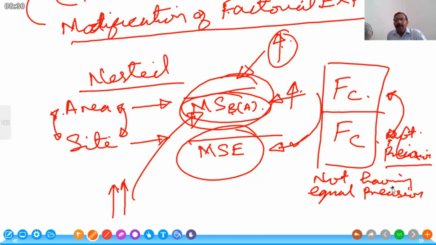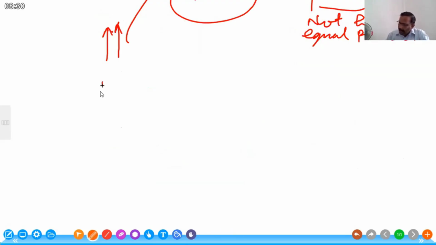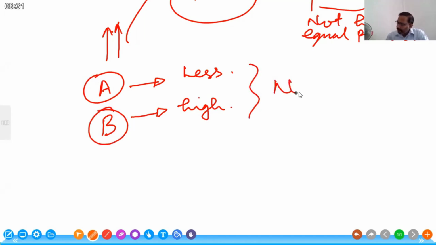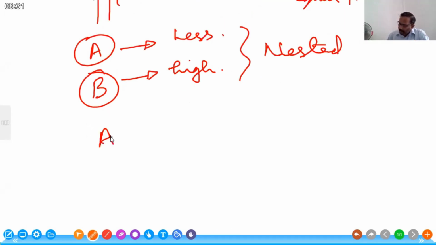So we should avoid this, because here we have factor A and factor B in a nested design. So A with less precision, B with high precision. For example, in this case, A is tested with less precision, B is tested with high precision in a nested design. But in factorial, look at these two factors, A and B. What do you think?